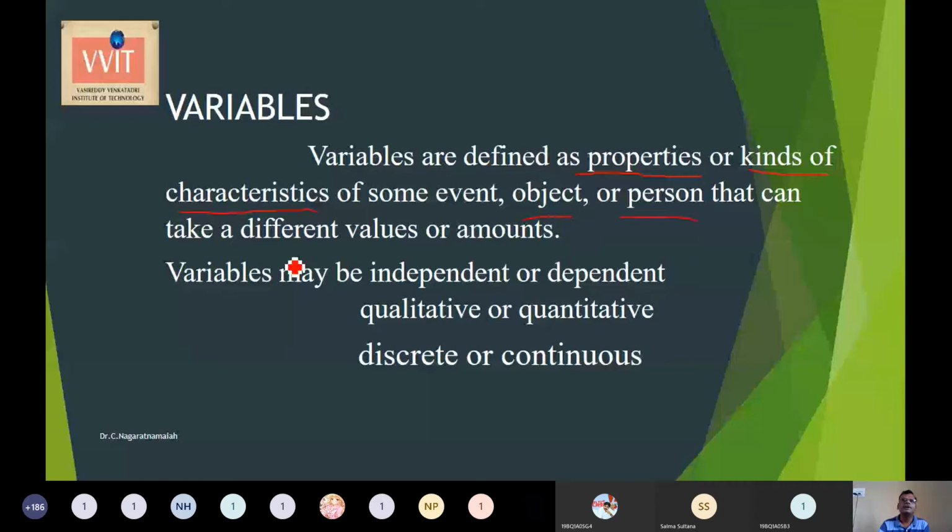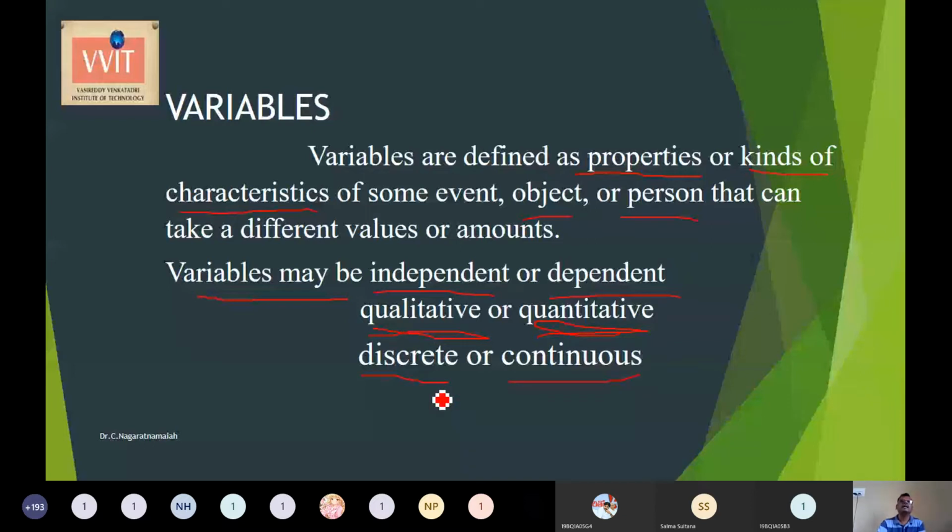Generally, variables are classified into independent variable or dependent variable. And here we have two very important ones, qualitative variable and quantitative variable. And again, discrete variables or continuous variables. These are the types of variables.